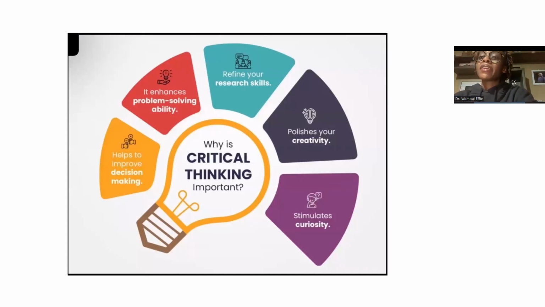So you're able to be creative, flexible, and problem solve. It also helps you refine your research skills. Once you're able to sit down and analyze how you managed a patient, and if there are any gaps in the standards of care, then you're able to ask, okay, how can I bridge those gaps?